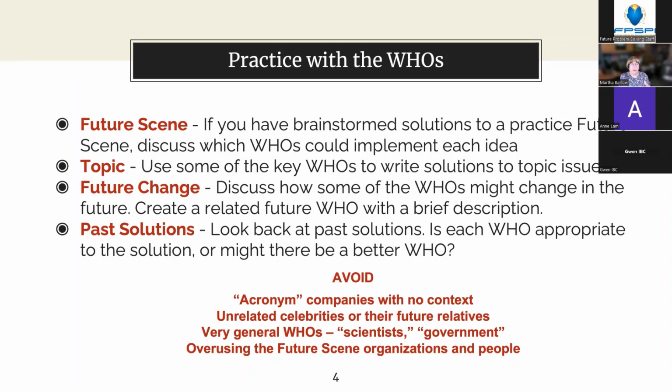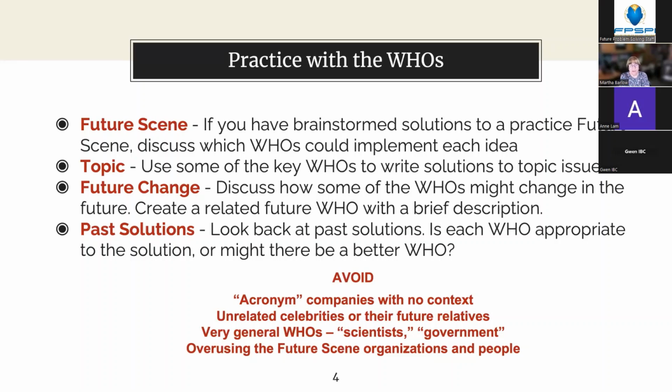If we had a related who, what might it be? Or look back at students' past solutions. That's what worked for me a lot: let's look at the solutions that you put in your most recent booklet and see if we have some good who's there, if we could have improved them, or if there could be better ones.